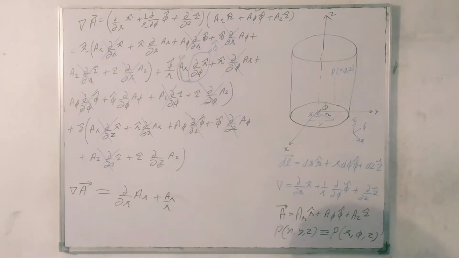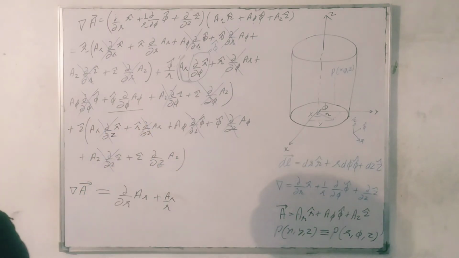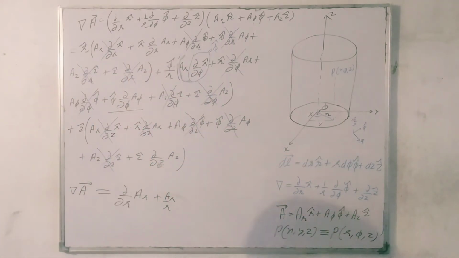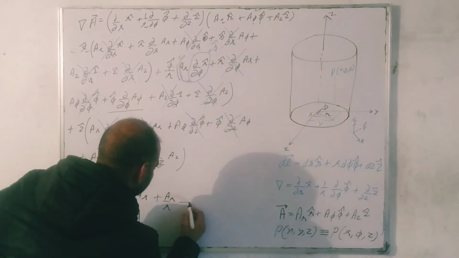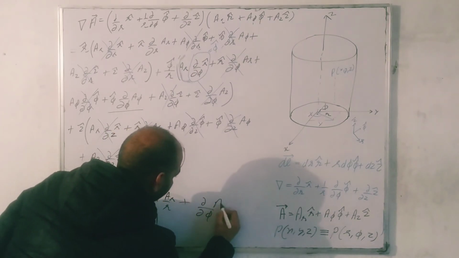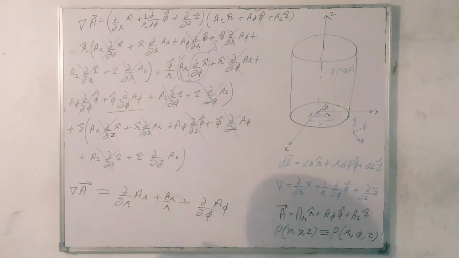And the next surviving term is this one. This phi dot phi is again going to be 1. So what is left? ∂/∂phi of A_phi. This is going to be left.